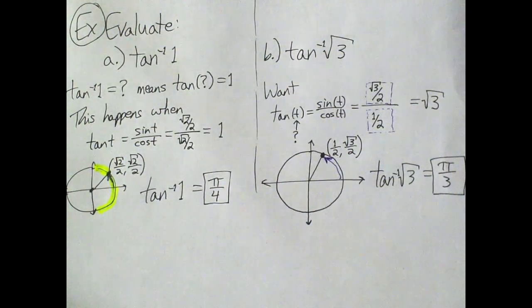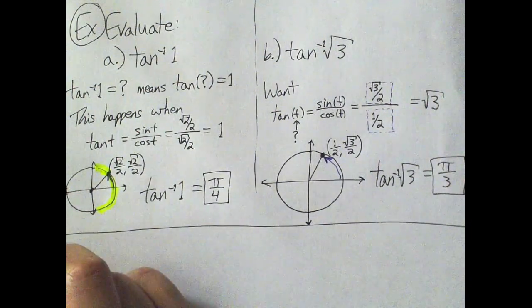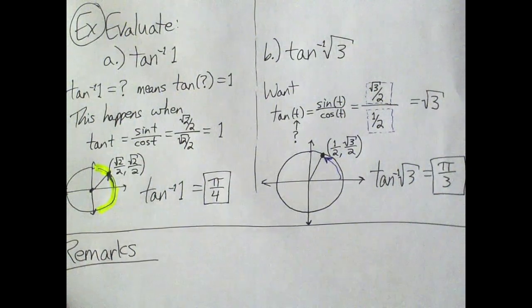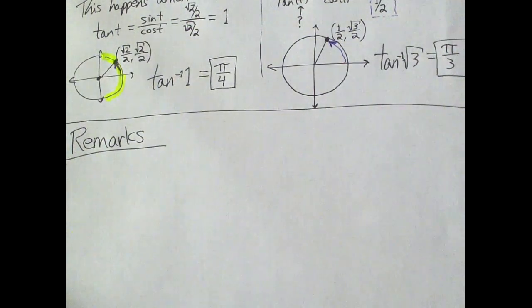So we've looked at inverse sine, inverse cosine, and inverse tangent. And I have some remarks to make about inverse trig functions overall. First of all, I want to say something about the notation.